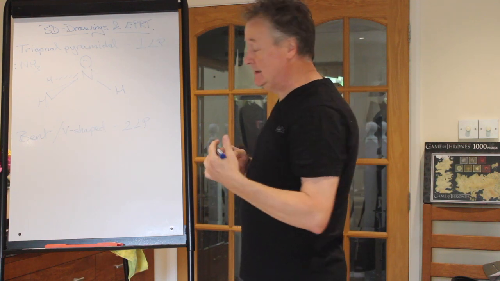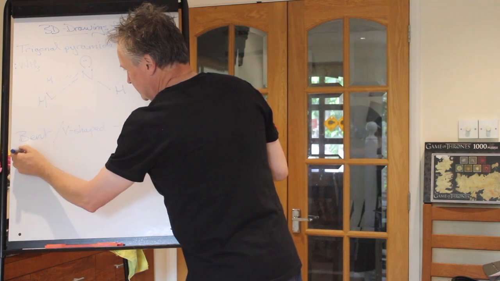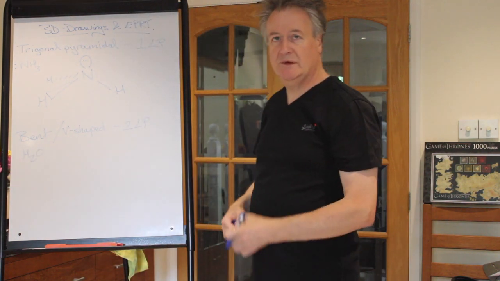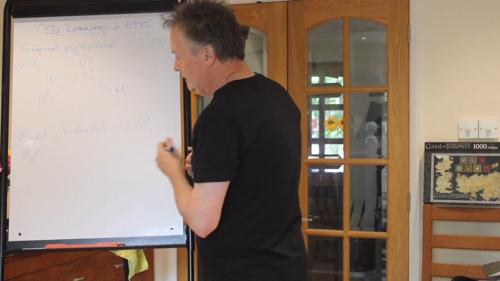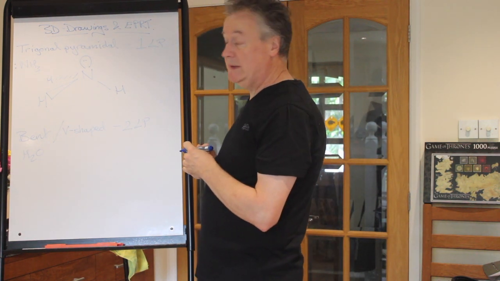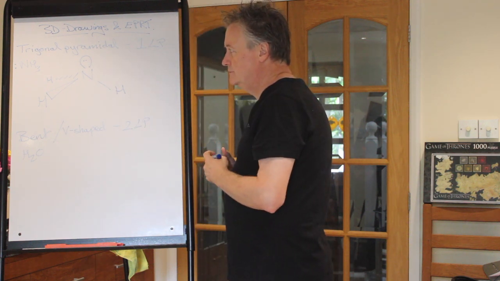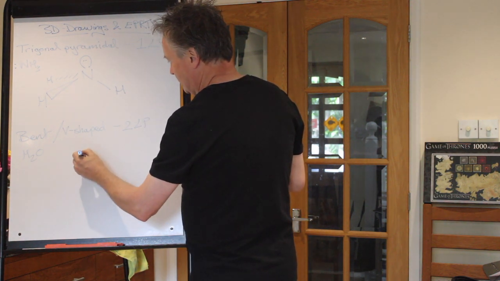group 6 is the classic thing, oxygen, sulfur. So standard drawing expected comes from water, but H2S is the same. 2 lone pairs. Now, what do you do with 2 lone pairs? Well, you can think of it in 2 ways.